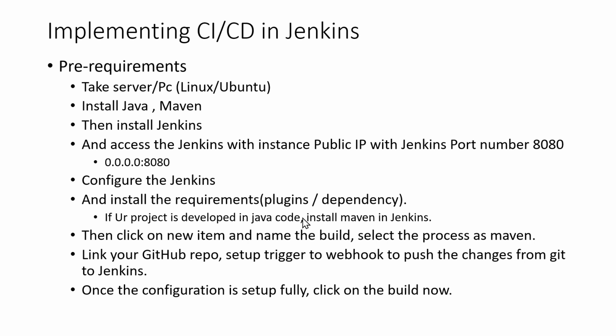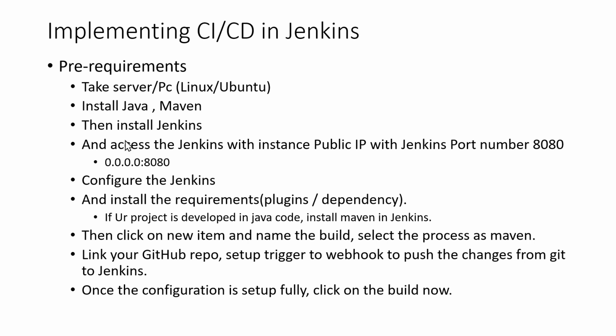If I am trying to deploy Terraform, that is infrastructure for your AWS or Azure or GCP, instead of Maven I need to have Terraform installed in my Jenkins. Then click on New Item and select what kind of job is to be performed, whether it is a freestyle, pipeline, multibranch, or Maven project, whatever.